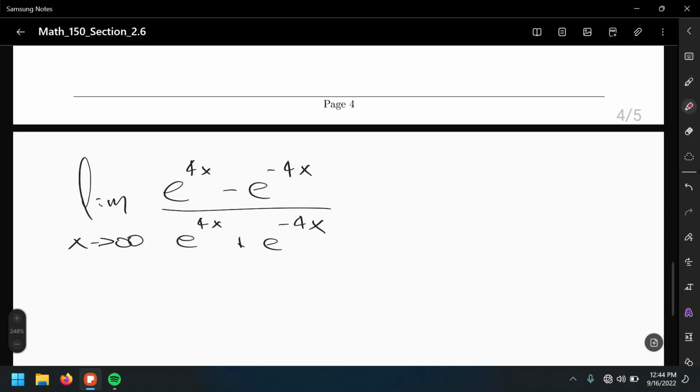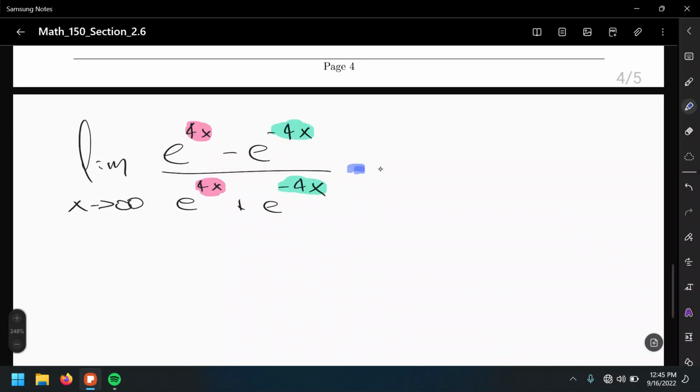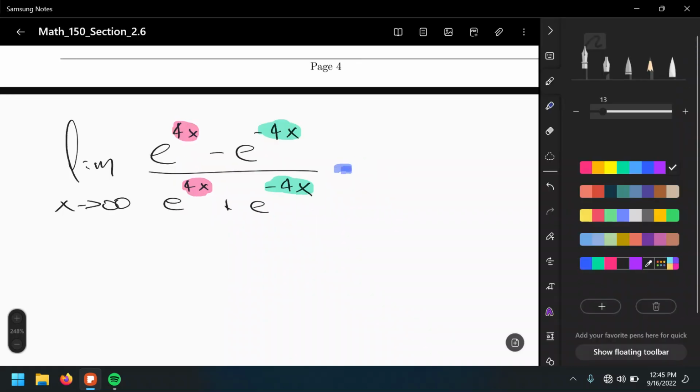So let's observe those powers. We have a power 4x, and we have a power negative 4x. The question is, which of those two powers is the highest? Is 4x greater than negative 4x or vice versa? Well, the positive one should be greater, right? So that means in this case, we will divide all terms. Hold on.